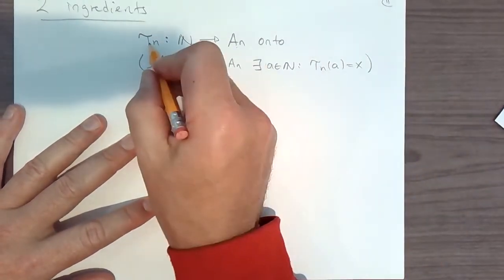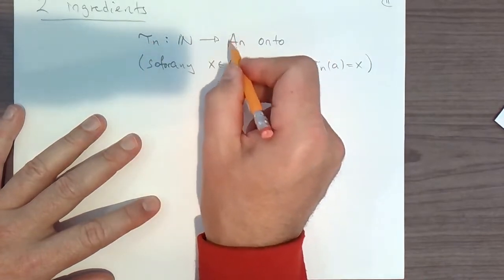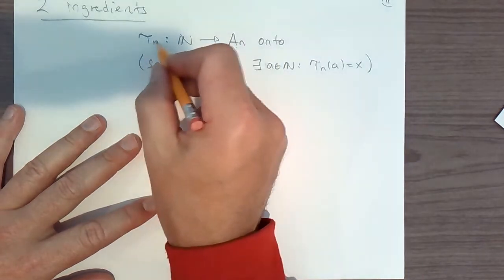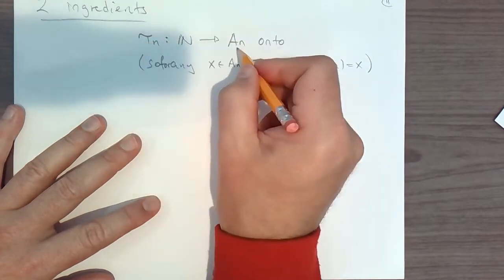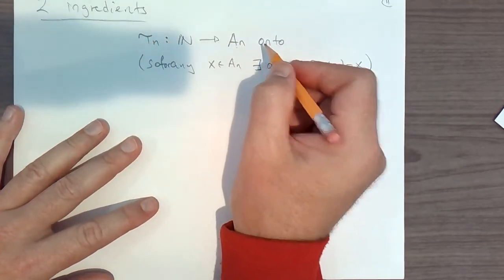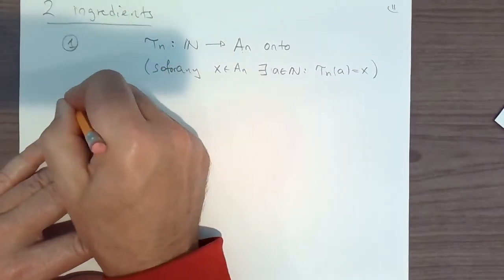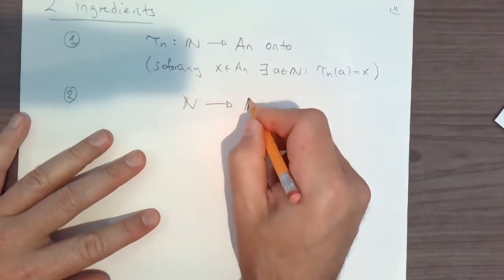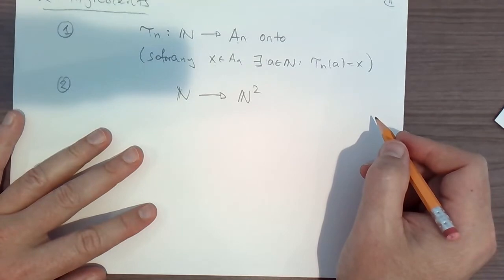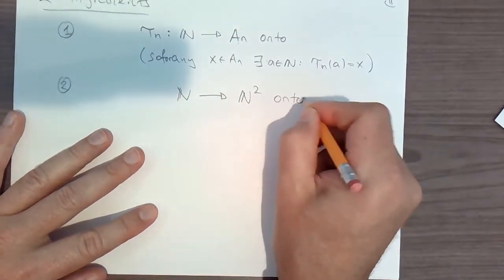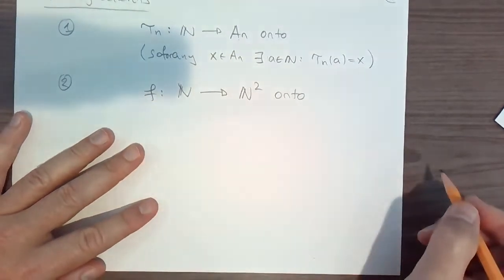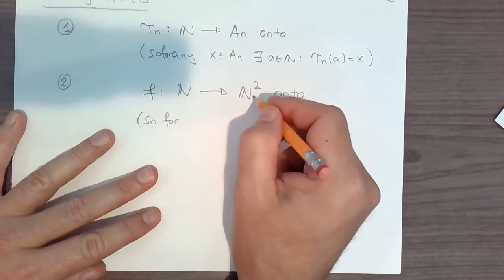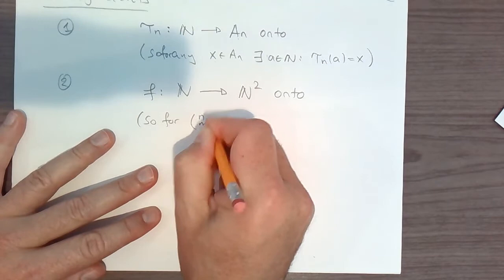This is onto for any of the sets here, indexed by n. So these functions, there's a collection of them, one for each set. So that's ingredient number 1. There's also a second ingredient. We need to know that N can be mapped onto N squared, and I'll call that function f.